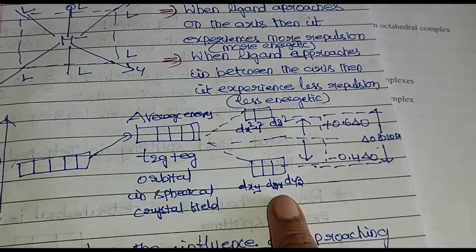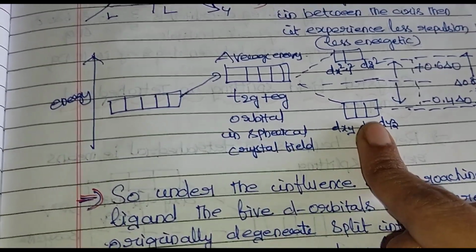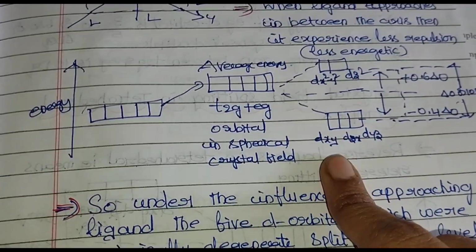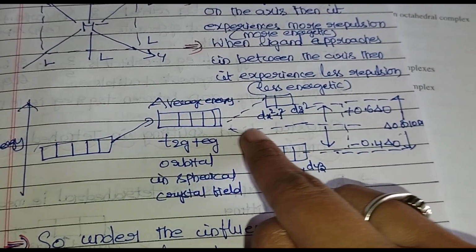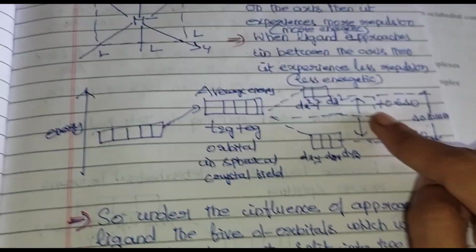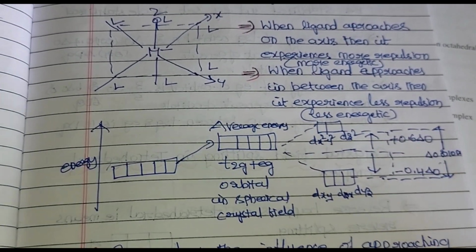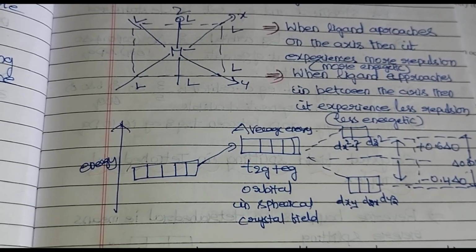dxy, dyz, dzx: these three have less repulsion, so they are less energetic. Like this, they are split. Under the influence of the approaching ligands, the 5d orbitals, which were originally degenerate, split into two levels.